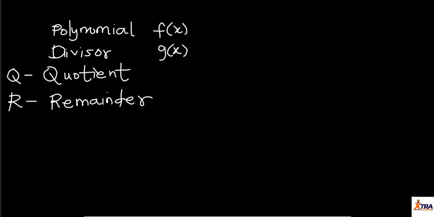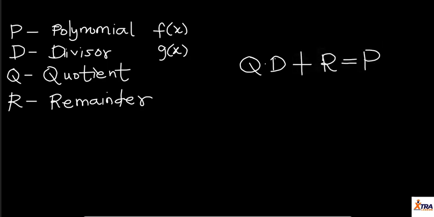We call this q, call this d, we call this the p. So from this analysis, I can tell you that my quotient multiplied by my divisor plus the remainder will give me my polynomial, which is my f of x.